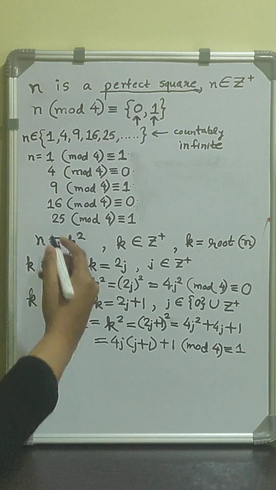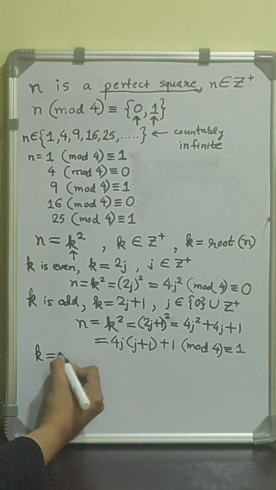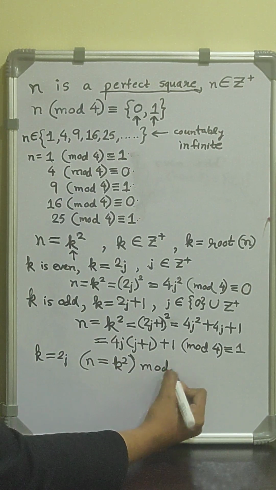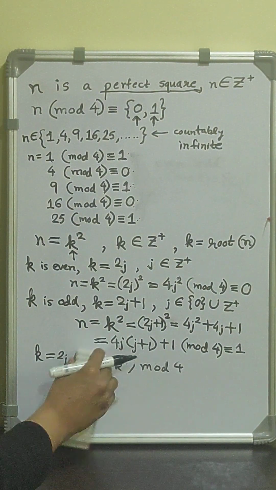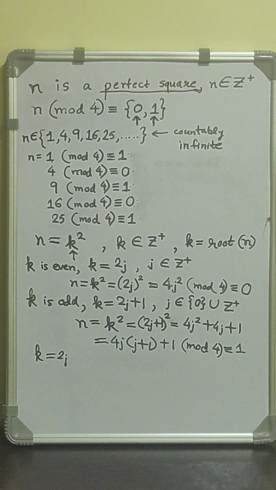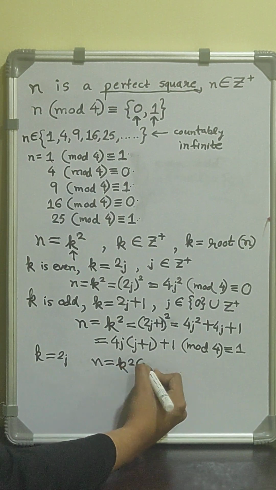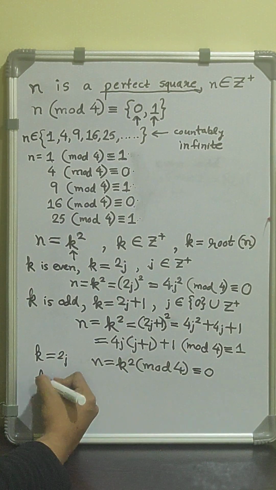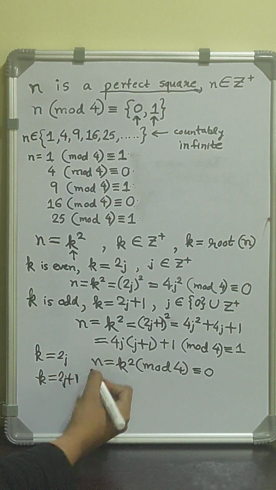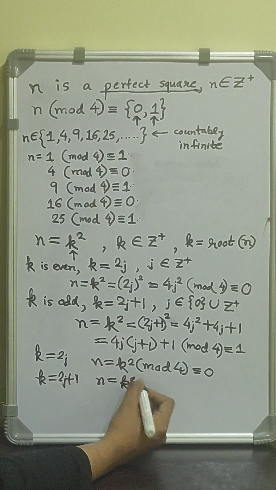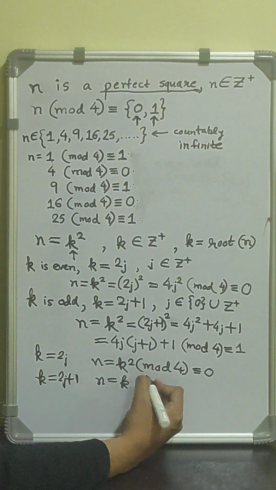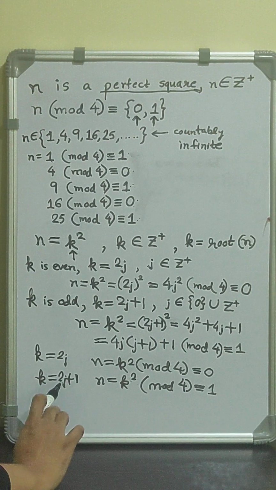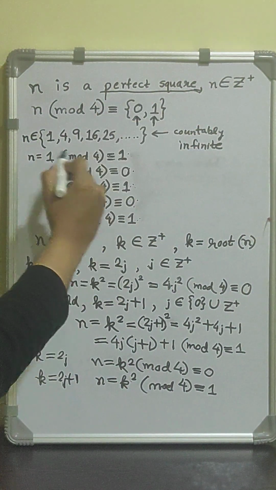So in general, we can say that if k is even, then n, that is k squared, mod 4, probably I should be writing brackets around the mod to be more consistent, sorry, n, that is k squared mod 4, is congruent to 0, and when k is odd, hey, I'm just summarizing, we're already done, but I'm generalizing, k squared mod 4 gives us 1, and that's identically valid for all positive integers n that are perfect squares belonging to this set.